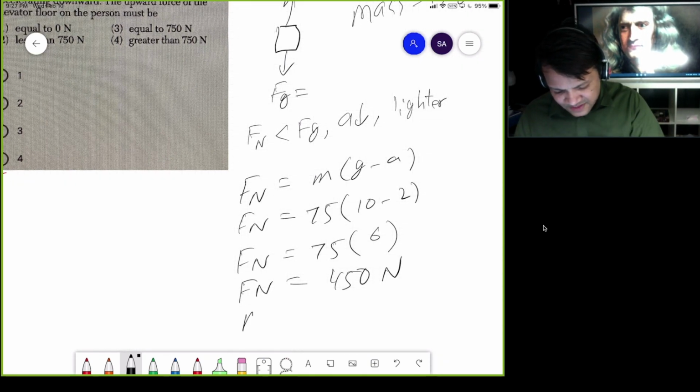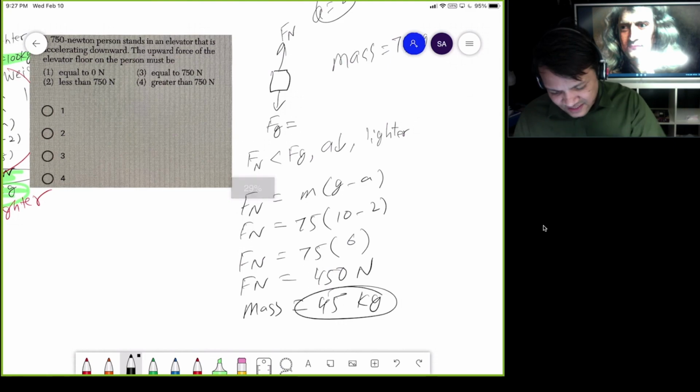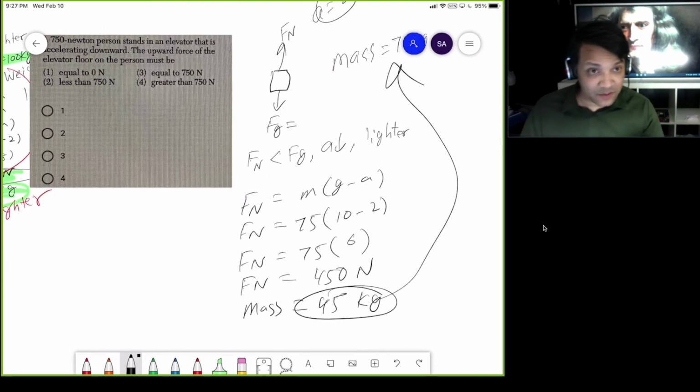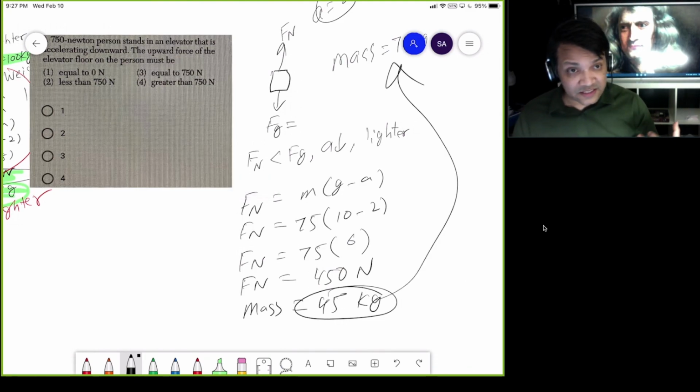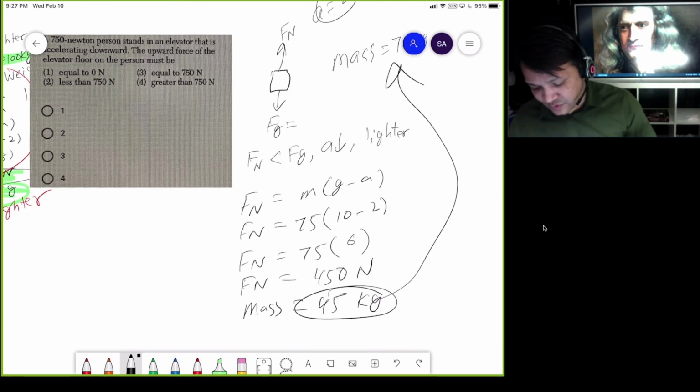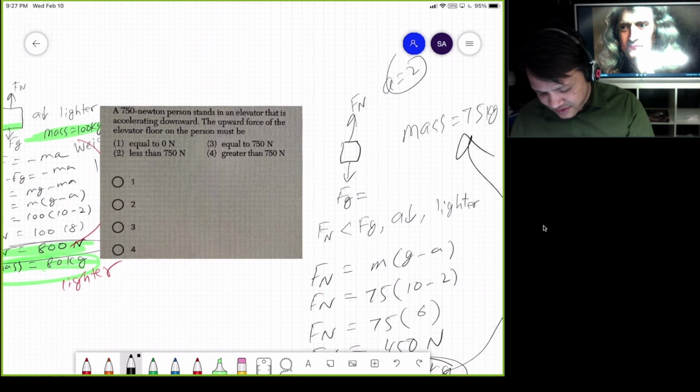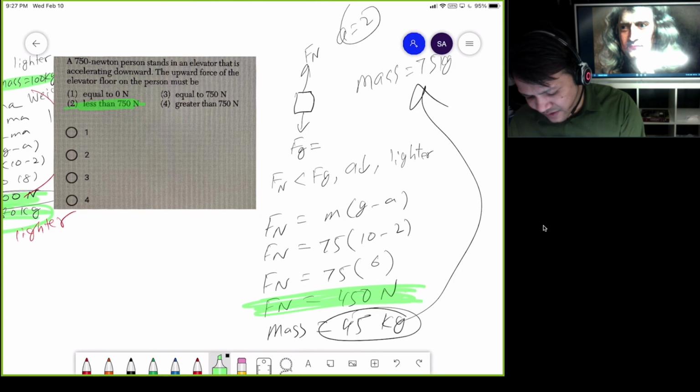The scale will read 45 kilogram, which is 30 kilogram less than 75 kilogram, so the person will feel lighter. The answer is 450, if you let acceleration due to gravity be 10 meters per second squared. So the answer to the question is number 2.